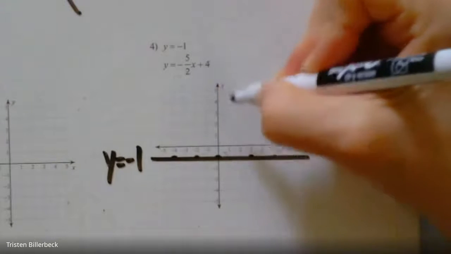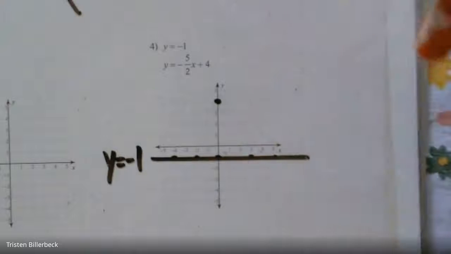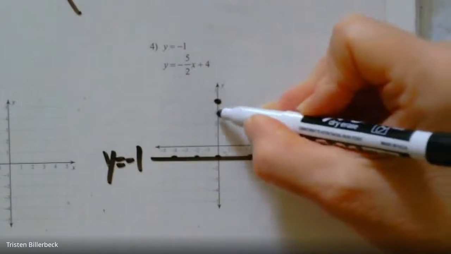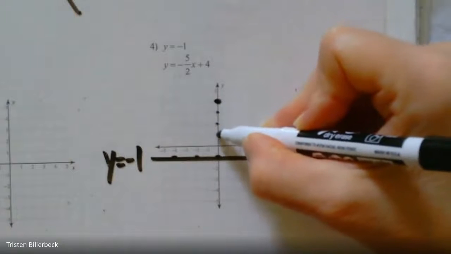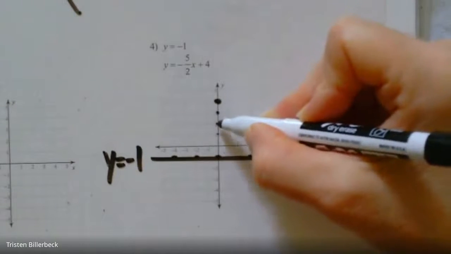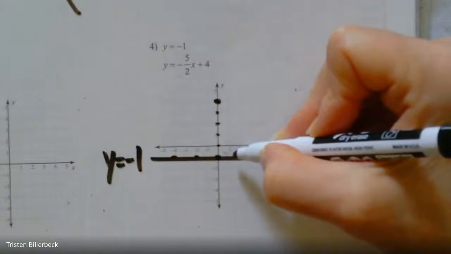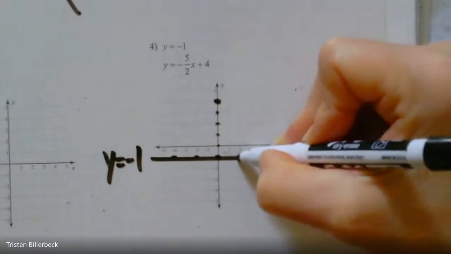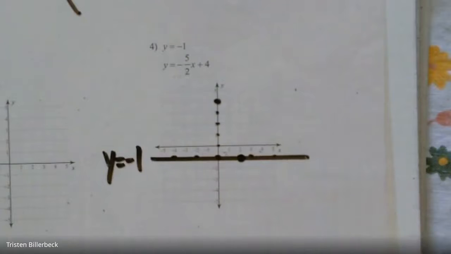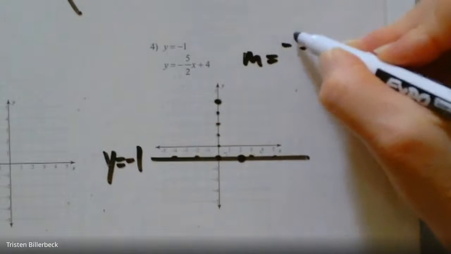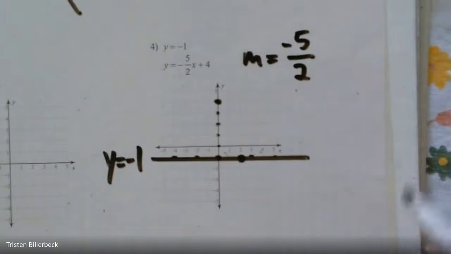So this one we start with 4 for the y-intercept. And we have -5/2. So we drop down 5, 1, 2, 3, 4, 5. And we move 2 over. So we intersect right there. Okay, so that slope was a rise of -5 and a run of 2.